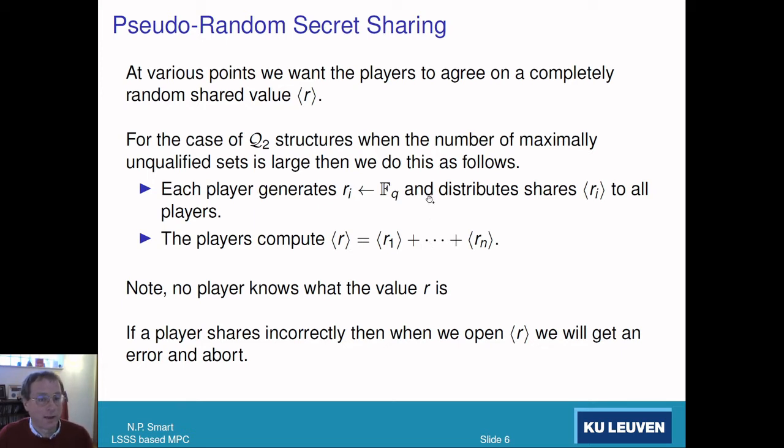Everybody generates a sharing, distributes their shares to everybody, and then we just add them up. Okay, and this will produce a random sharing of a random value. Now, if a player shares incorrectly, we're going to know this later on when we apply the error detection capability of Q2 sharing. So we don't really care about verifying that the player is sharing honestly, because we're just going to abort anyway if something goes wrong. Okay, so that's what happens if we've got a large number of maximally unqualified sets.